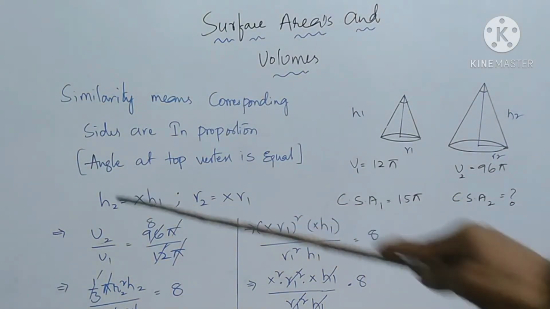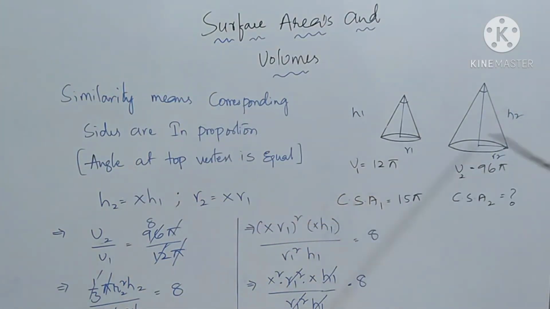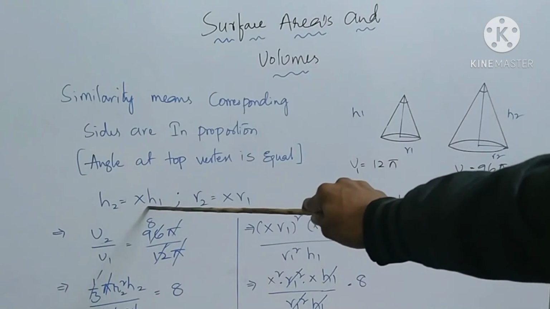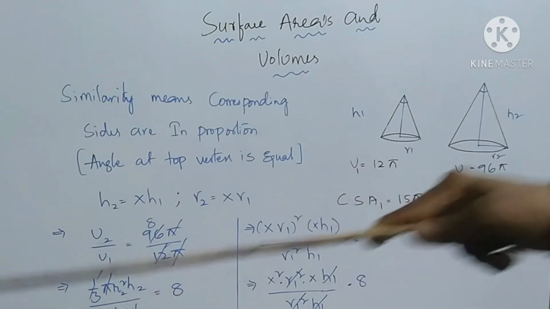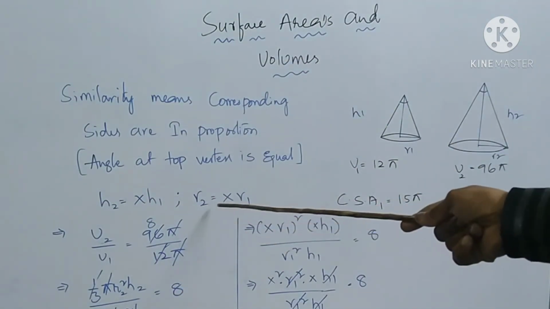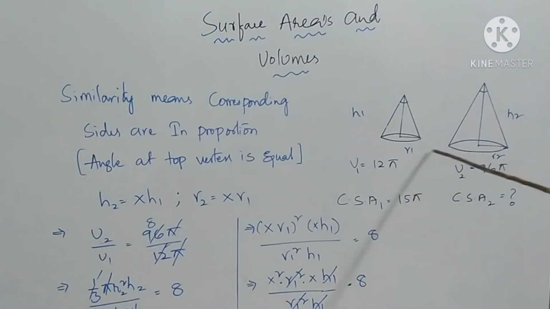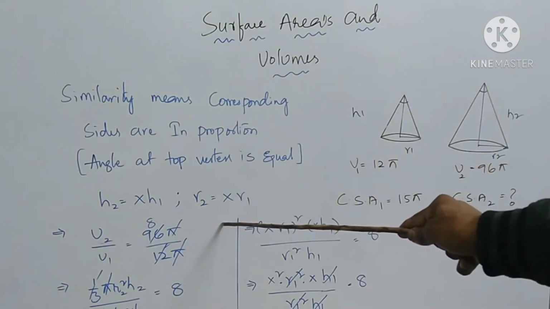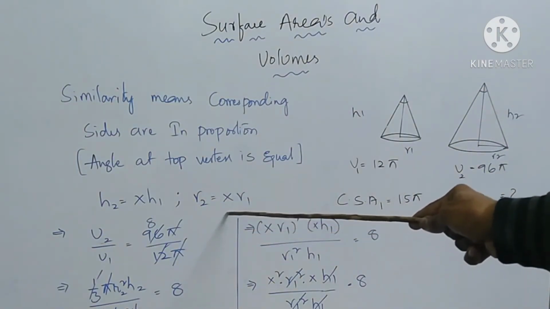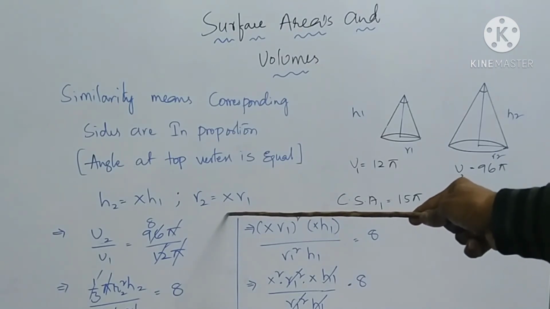Here H2 is equal to X into H1, and R2 is equal to X into R1. X is the proportionality constant.